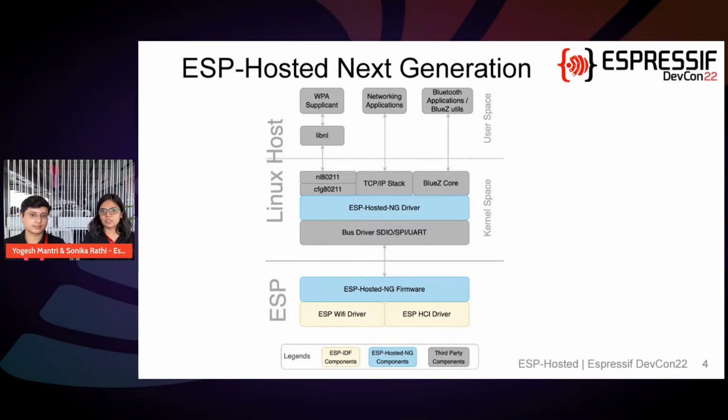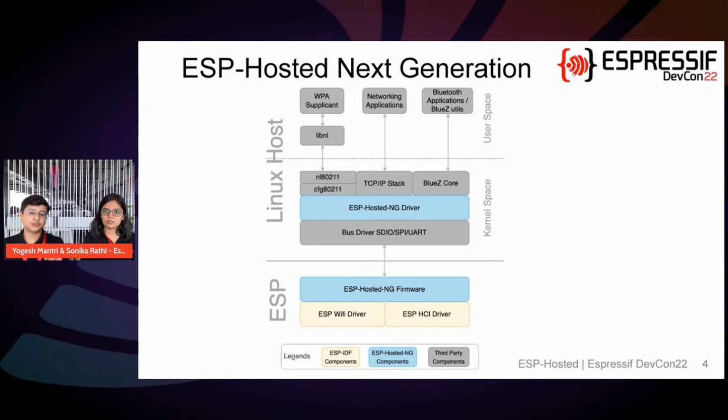Okay. So from this block diagram, what I have understood is that blue color components are ESP hosted components, which we are using for connectivity, and all gray color components are the services which are provided by Linux host, right? Yes, interestingly, that is the main point. Overall, all the gray colored components are not touched or modified in any way.